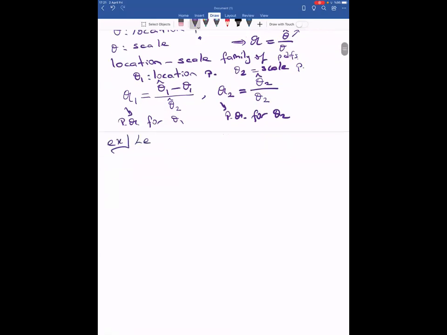Let's say we have a random sample from uniform theta and 1, where theta is between 0 and 1.